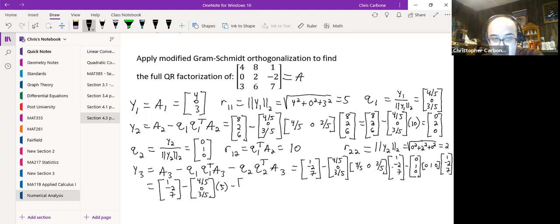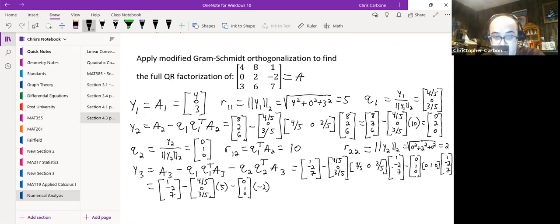Minus 0, 1, 0 times q sub 2 transpose times a sub 3, which gives only -2 because we only take the middle value of the vector.